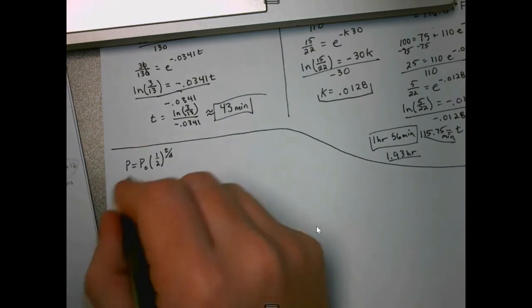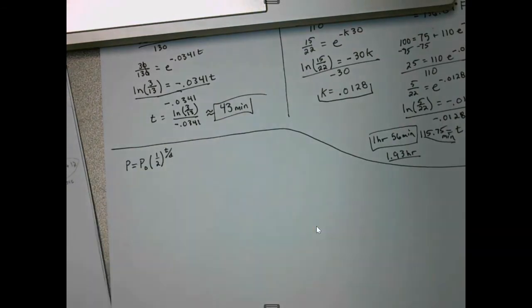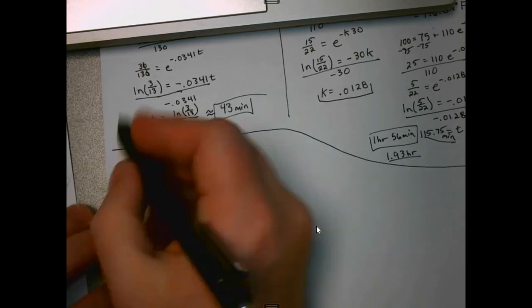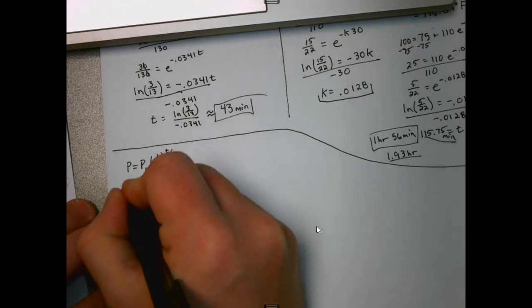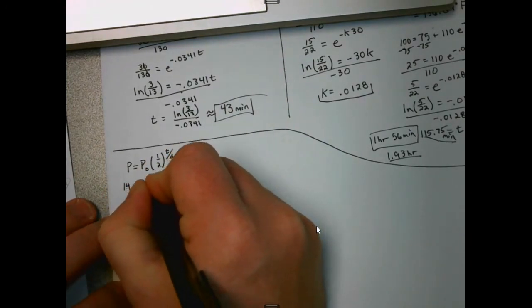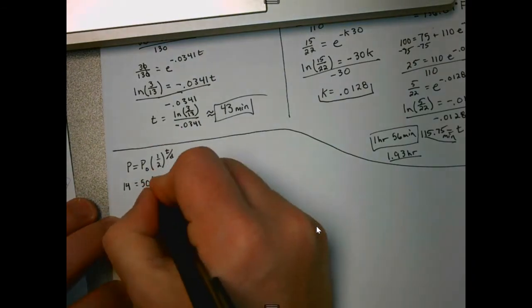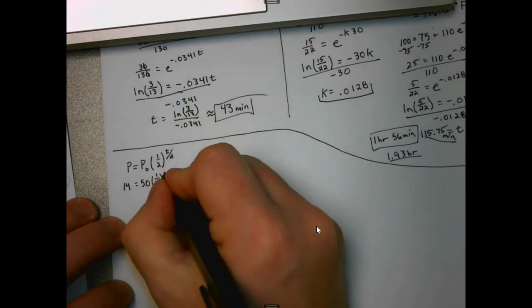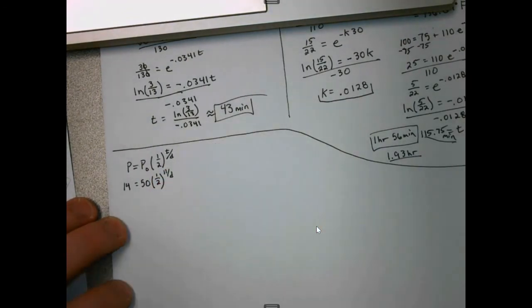This probably should be P of T, your population after a given time. So here it says after 11 days, the sample has decayed to 14. You started with 50. So our ending population would be 14 grams. We started with 50 grams. We have a half-life, and our time was 11 days, and we don't know D.